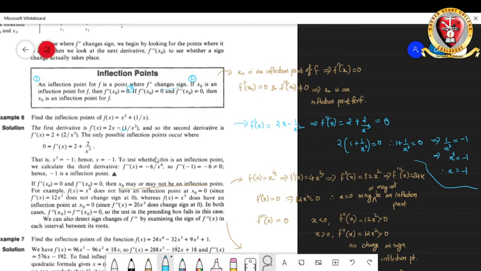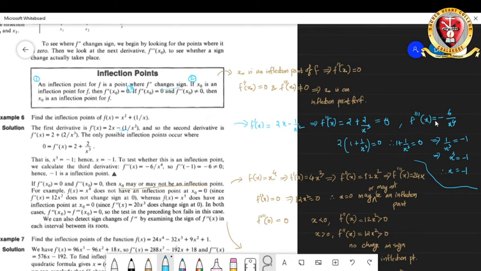To test whether it is an inflection point, you just find the third derivative. So the third derivative will be minus 6 by x raised to 4, right? So put this minus 1 in this function.